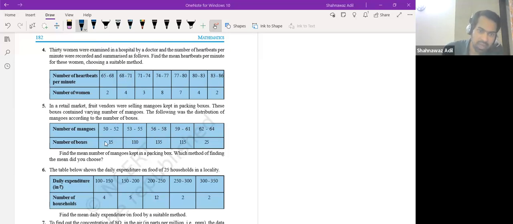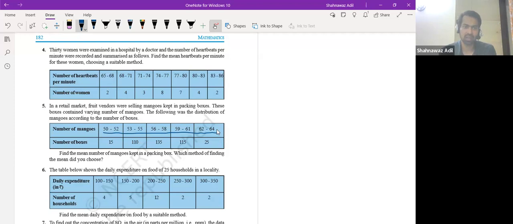Okay. So, as you guys can see, what can you see in this class interval? Can you tell me? What is the difference? Sir, it is discontinuous. Yes, absolutely right.